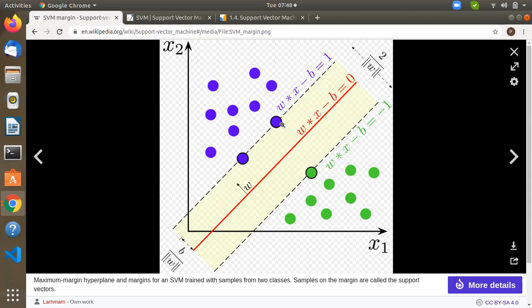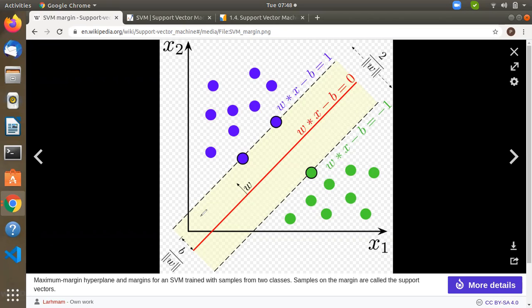The support vectors help to maximize the margin value in order to classify the model at a very good level, for a good classification.